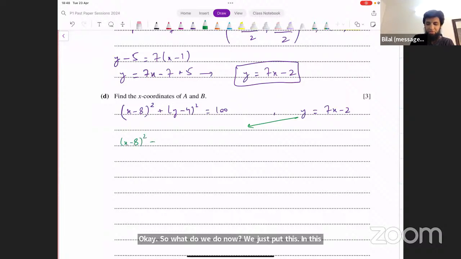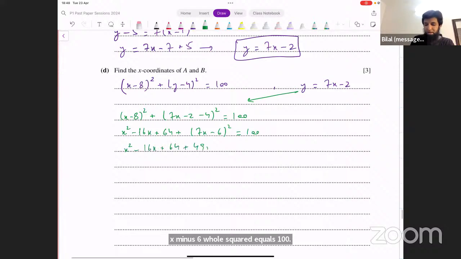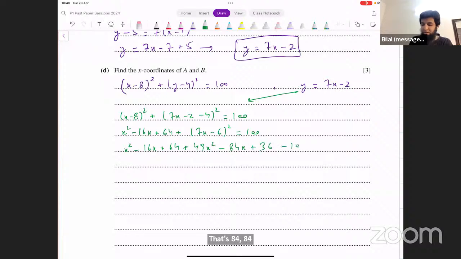x minus 8 whole squared plus 7x minus 2 minus 4 whole squared equals 100. Let's simplify this. x squared minus 16x plus 64 plus 7x minus 6 whole squared equals 100. x squared minus 16x plus 64 plus 49x squared minus 2 into 6 into 7, that's 84, 84 times x, plus 36, minus 100 from the other side, equals 0.